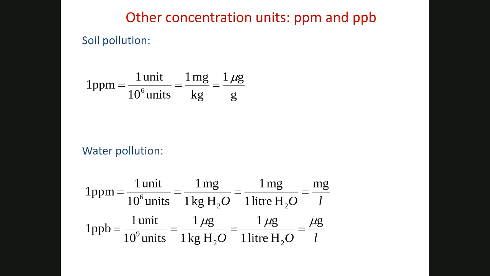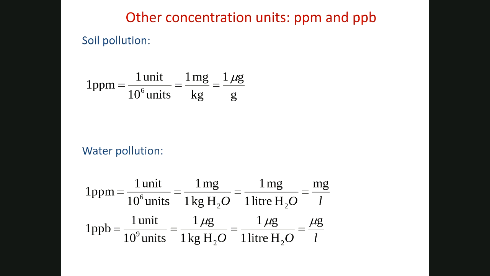For a water sample, we start from the same place, milligrams per kilogram. If your sample contains 1 ppm of sodium ions, it has 1 milligram of sodium ions in 1 kilogram of water. And we can use the fact that 1 liter of water weighs 1 kilogram, because of the density of water, to convert that to milligrams per liter.